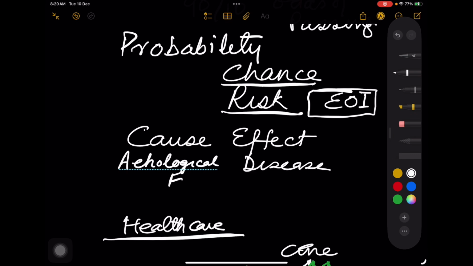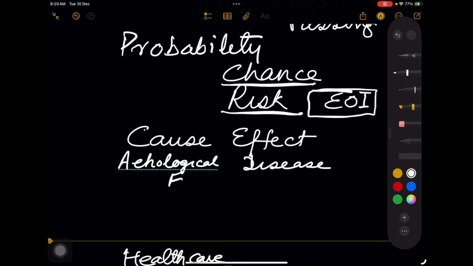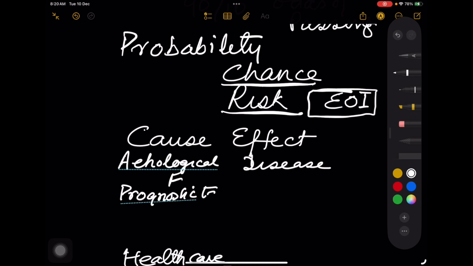The second cause can be a prognostic factor. For example, a person is thin, so his chance of getting cured in a heart attack may be more. So a prognostic factor, and the effect is outcome.